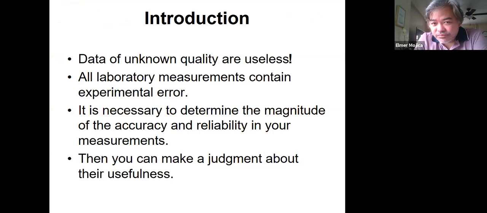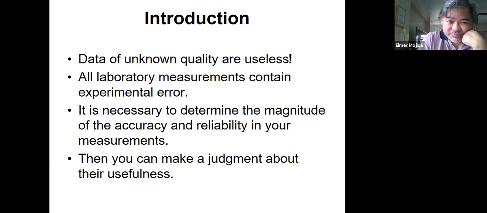Okay? So when we're doing any experiment, these are the things that you need to remember. Data of unknown quality are useless. So what does it mean? Whenever you do an experiment, you have to make sure where you are going to use this data, or why you are getting this data in the first place.